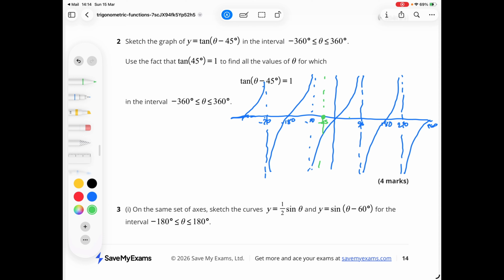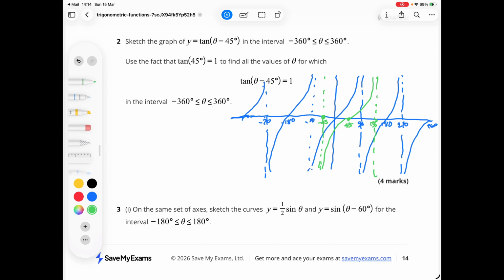And our curve goes through 45 here. So imagine that goes that way. Now imagine that means that's 90 on that side, so that goes through that, and then there would be an asymptote at 135. There you go. So that's what it looks like now.